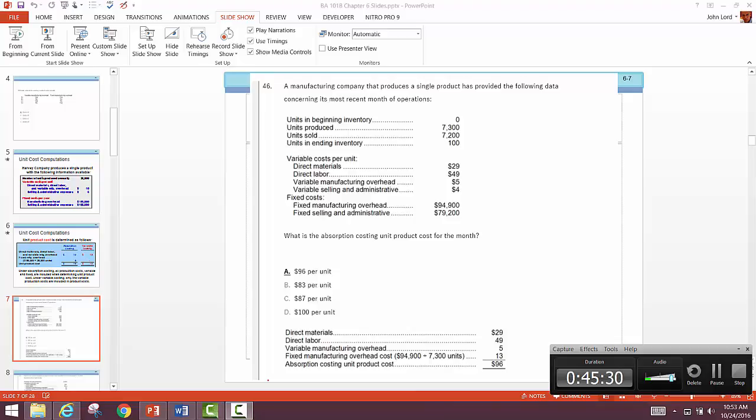So 83 times the 7,300 units is 605,900. Okay, good. And that's going to come out of work in progress and go into finished goods.